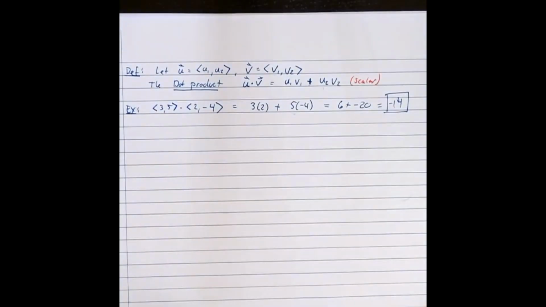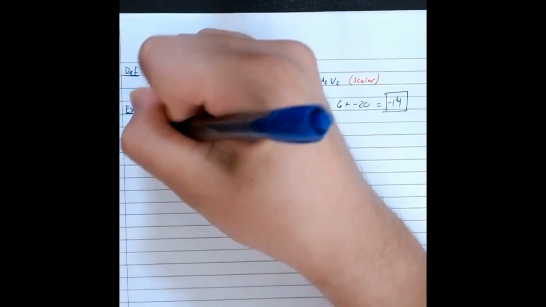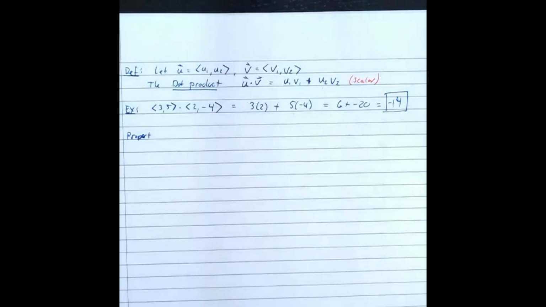There are going to be a few properties of the dot product, meaning as long as you're taking the dot product, there are a few things you can kind of take for granted. The properties of the dot product are reminiscent of a lot of properties of normal multiplication.